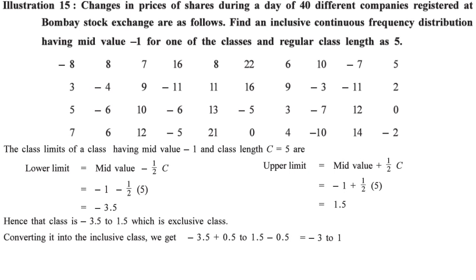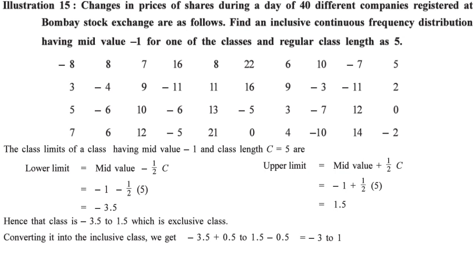So one of the classes which you are going to make is -3 to 1. The class length is 5, and the class is -3 to 1. So the next class will naturally be 2 to 5.